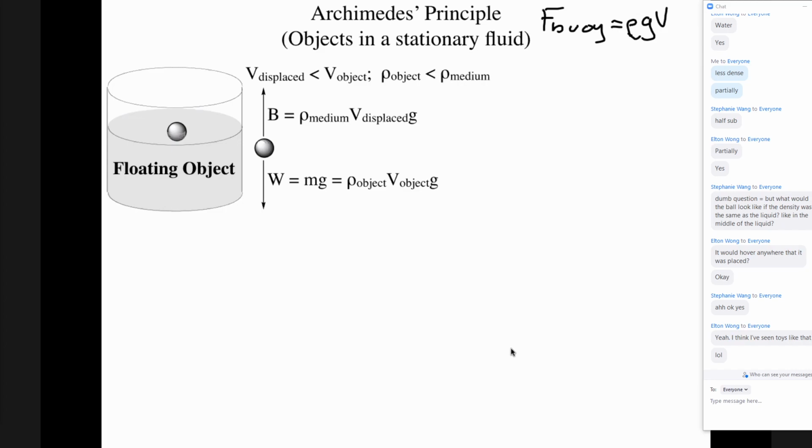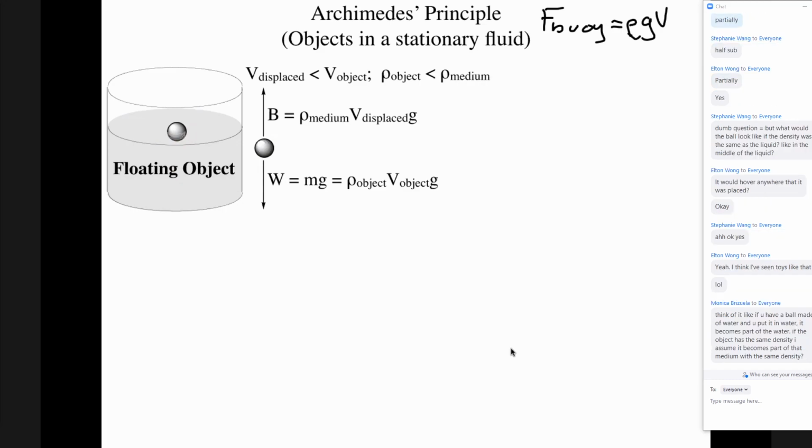Okay, if it floats, what's true? Is it moving up, moving down, or just staying perfectly where it is? Yep, a ball of water would just hover there, or a ball of equal material, gelatin, or the same thing. It's just going to stay put.